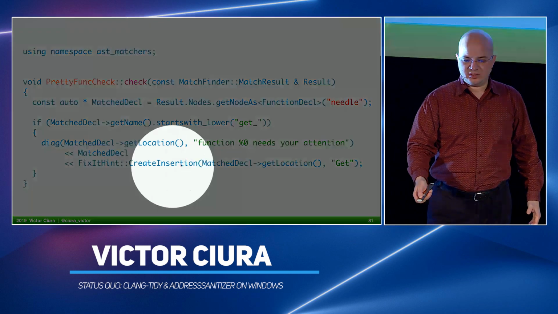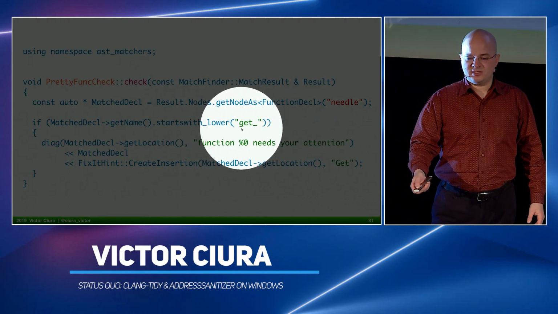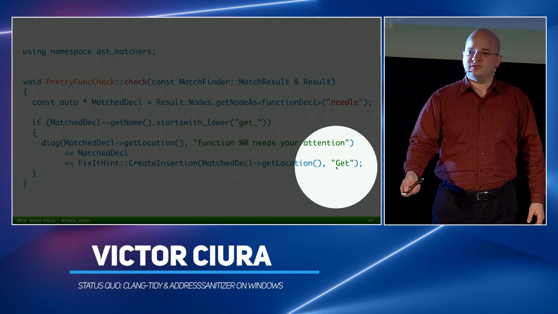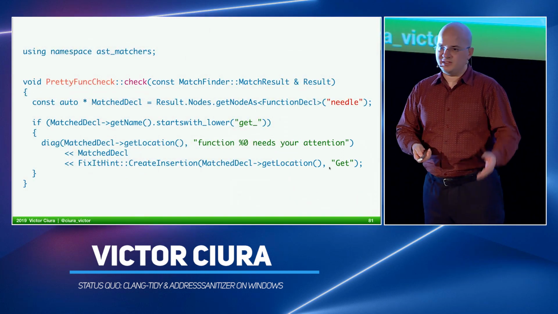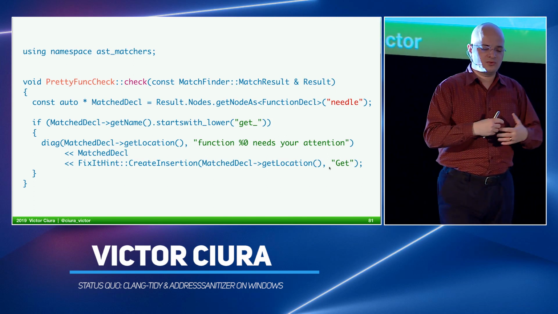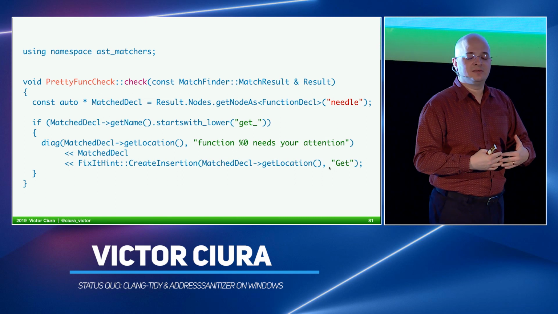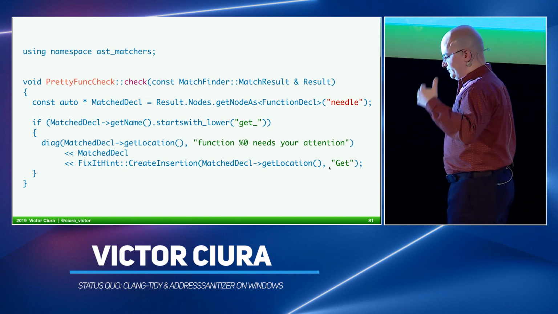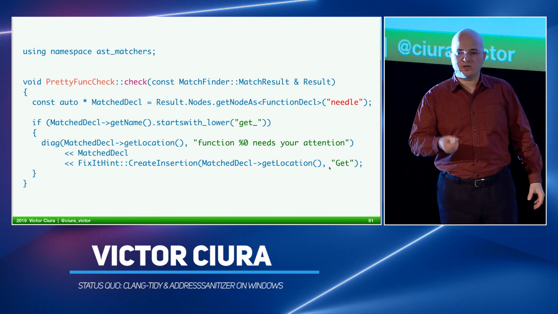So here we provide a very trivial fix in that we replace any function that starts with get underscore to match our shiny new coding convention with uppercase letters. Okay, very simple fix. I just wanted to walk you through the mechanics and the anatomy of a very, very basic Clang-tidy check. Of course, you can do crazy, weird things, and it becomes more complicated.